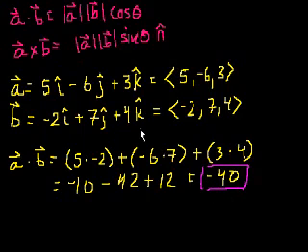And I'd actually be curious to graph this in some type of 3-dimensional grapher to see why it's minus 40. They must be kind of going in opposite directions, and their projections onto each other go in opposite directions, and that's why we get a negative number. But the purpose of this video, I don't want to get too much into the intuition. This is just how to calculate it. It's fairly straightforward.